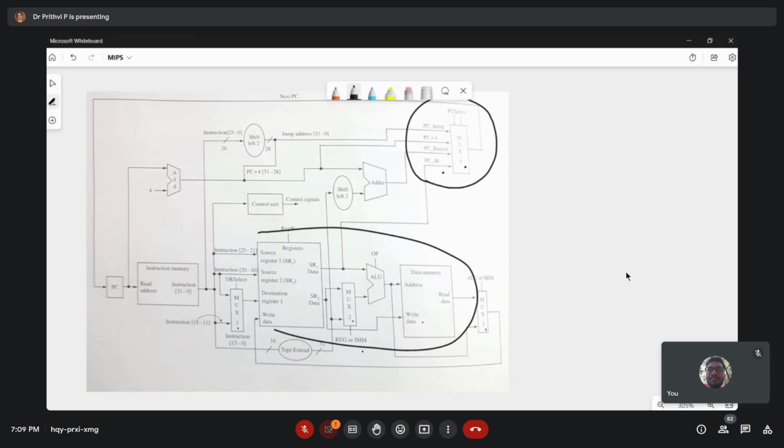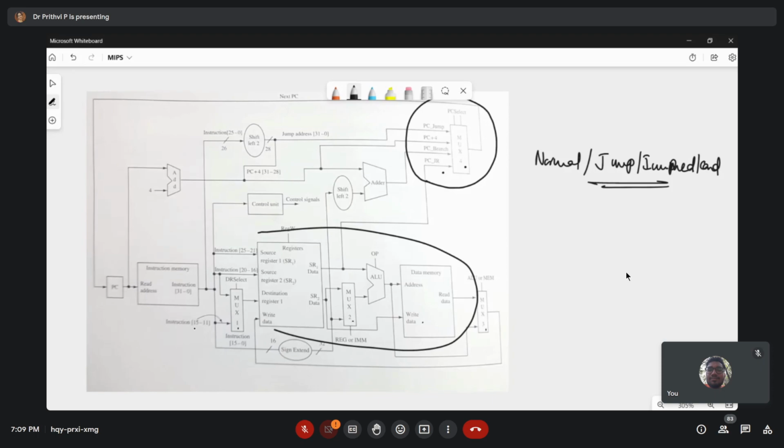These are done along with a normal instruction, a jump instruction, or immediate instruction, or conditional instruction. These types of instructions you are able to perform with this simple overall data path set.